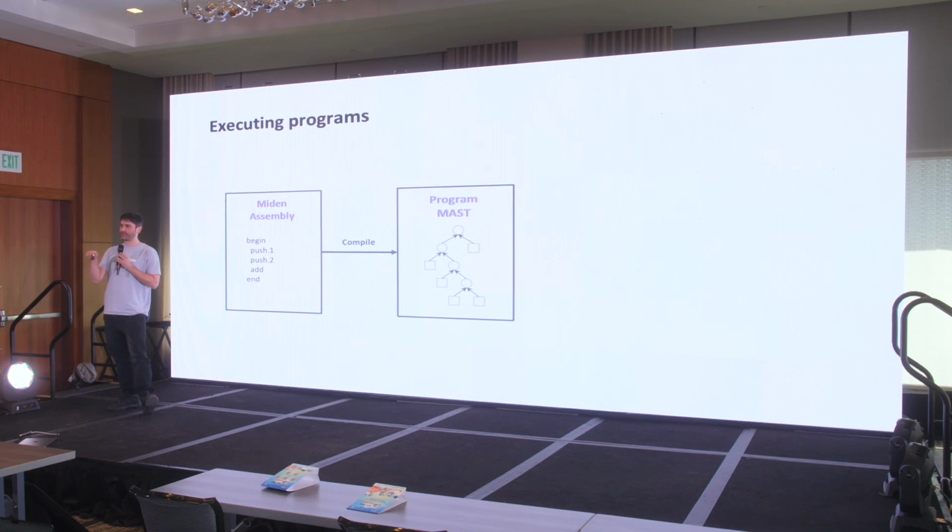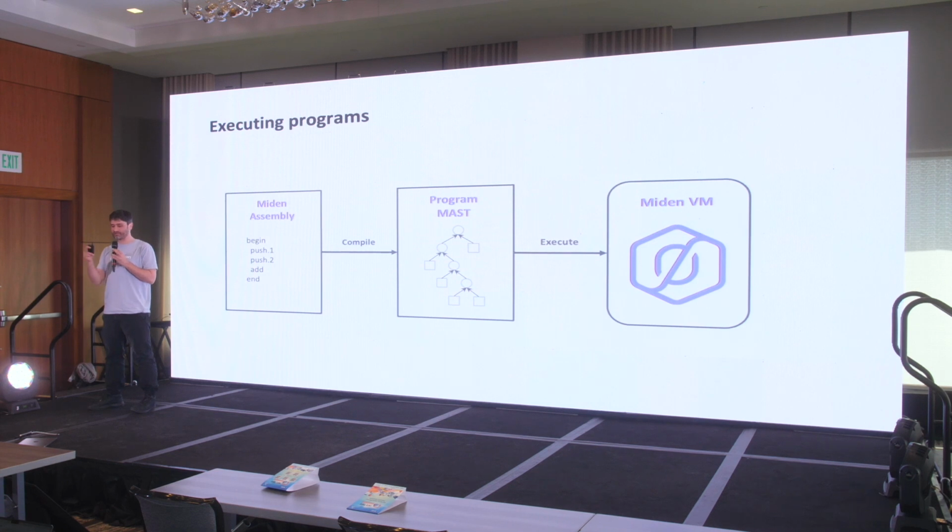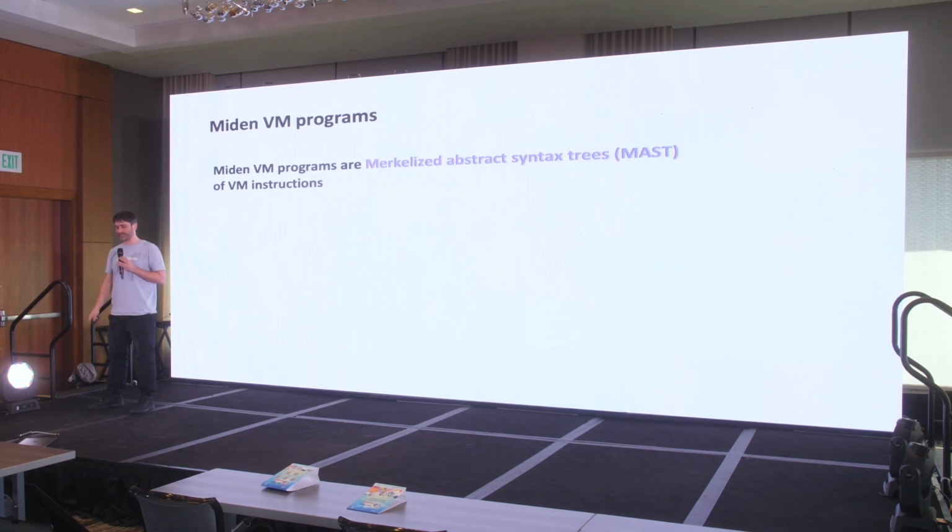So our programs can be expressed as a Merkle tree, and I will explain later. These Merkle trees, or syntax trees, get executed in the VM. And why are we doing this abstract syntax tree thing?